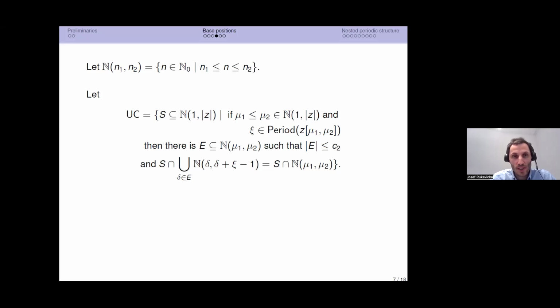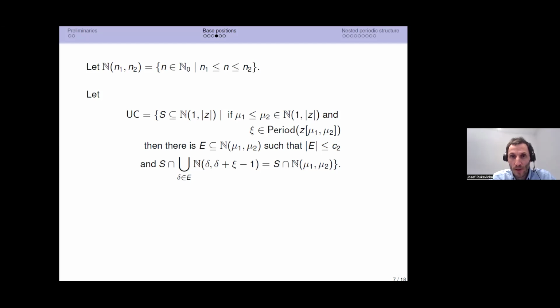The set UC is the set of sets of positions. So if some element is from the set UC, it is a set of positions from the word Z. And not every set. The set has the following special properties. If I consider some factor of the word Z, which is defined by the starting and the end position, in this case, I use the notation me1 and me2. This is the starting and the end position of the factor that I consider.